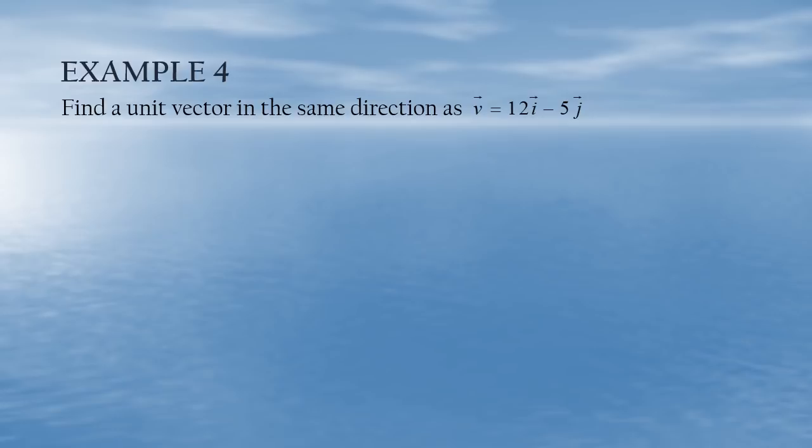So I think what I said was that the unit vector is equal to the vector that I have divided by the magnitude of that vector. So the vector that I have is 12i minus 5j. And what I want to divide that by is the length of that vector.